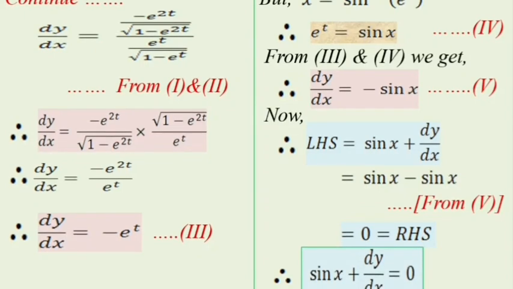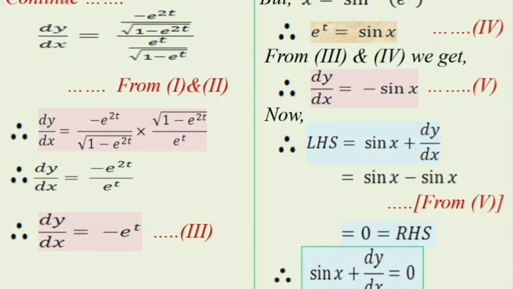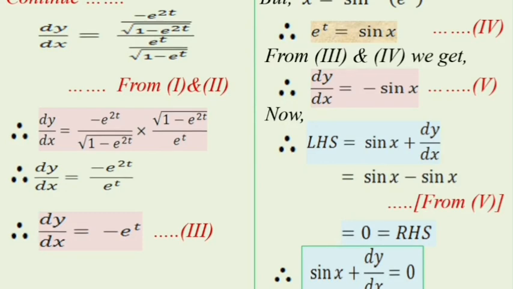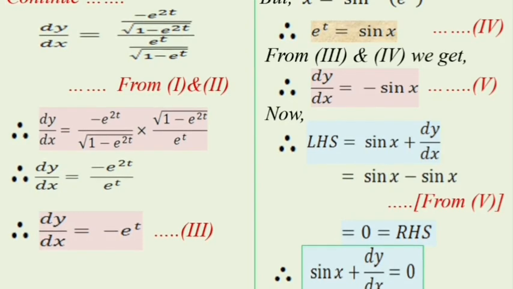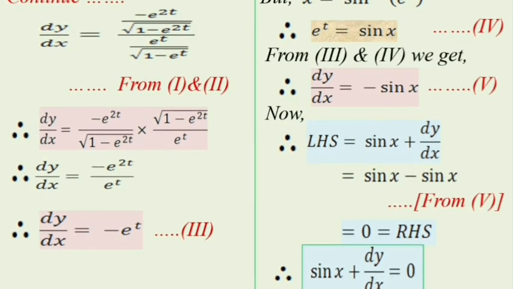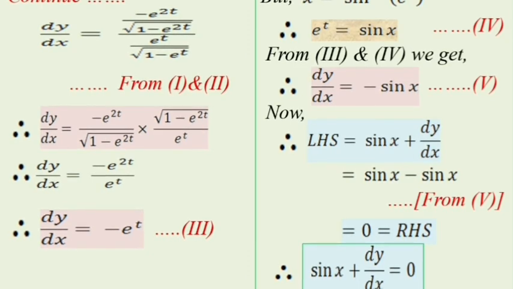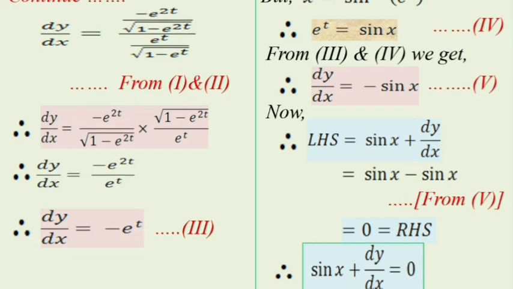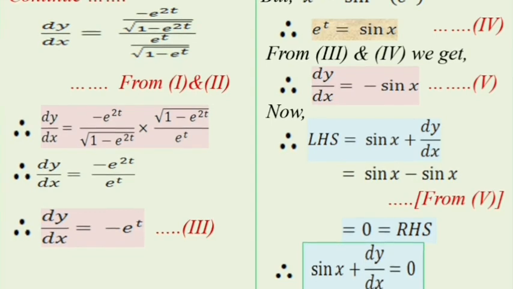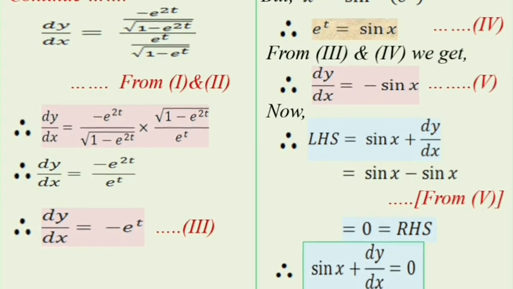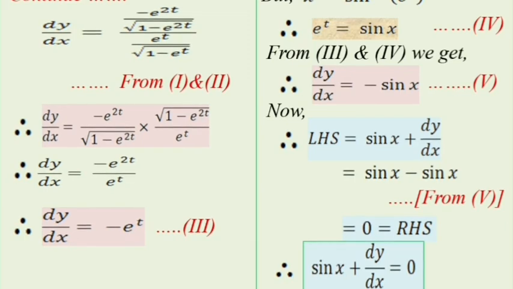That is, if x equal to sin inverse of e raised to t and y equal to root of 1 minus e raised to twice t, then sin x plus dy by dx is always equal to 0. That is the second type of exercise 1.4 of derivatives of parametric function.